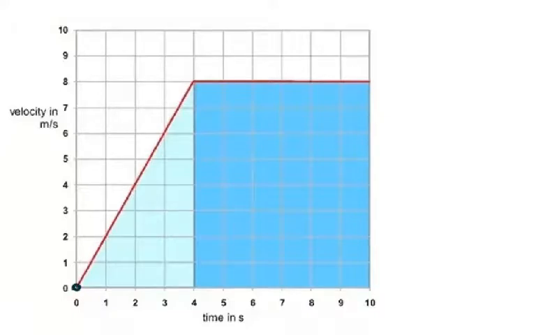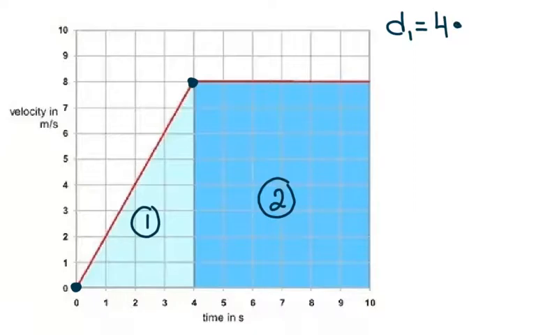So I have initial velocity is 0, and final velocity is 8. So the distance traveled for, let's call this area 1, and this area 2. The distance traveled for area 1 is average velocity, and the average between 0 and 8 is 4.